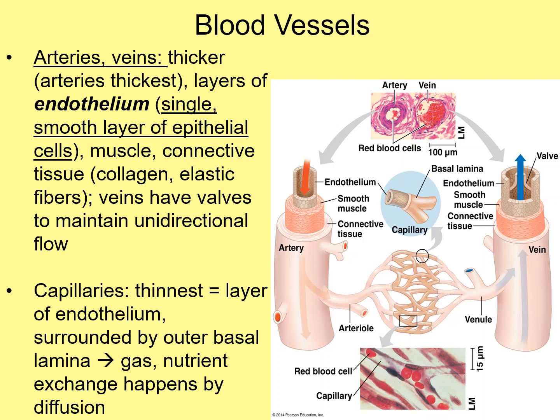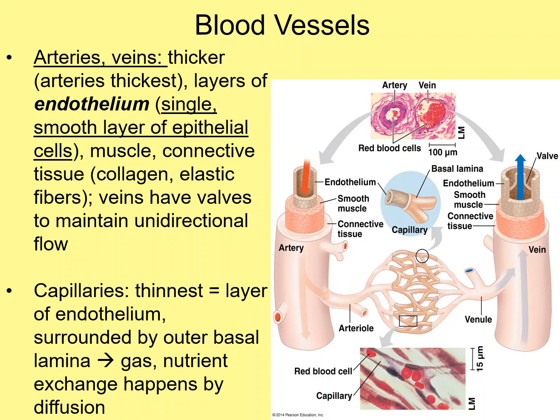And if you're operating everything by diffusion, for the most part, that means everything's going to go from high concentration to low concentration. So areas where there's lots of metabolic activity happening, you have a lot of carbon dioxide being produced, you're going to have more CO2 in the interstitial fluid than in your blood supply that's nicely oxygenated coming from the heart. And so that means the carbon dioxide is going to diffuse into those capillaries, right?